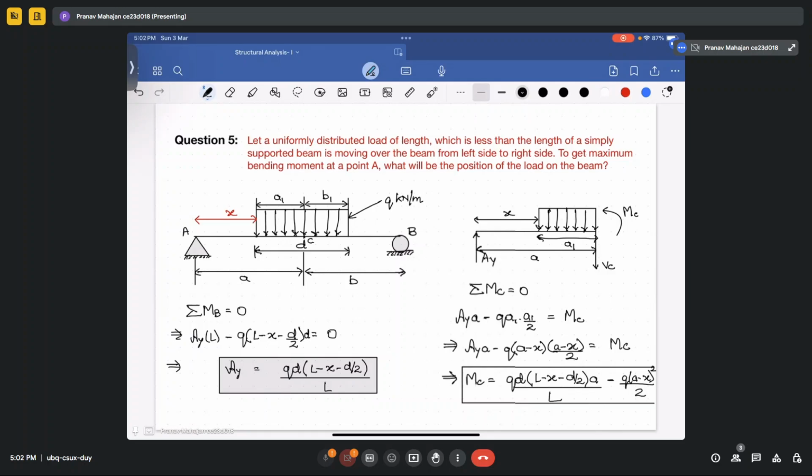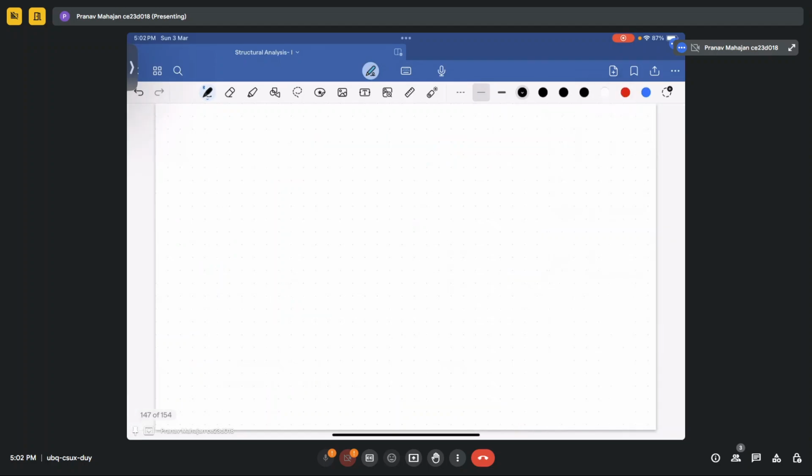To find the maximum bending moment at any point C, we have to take the differentiation of the moment with respect to x, equal to 0. So we will get q d a upon L, minus q into a minus h into minus 1, equal to 0.